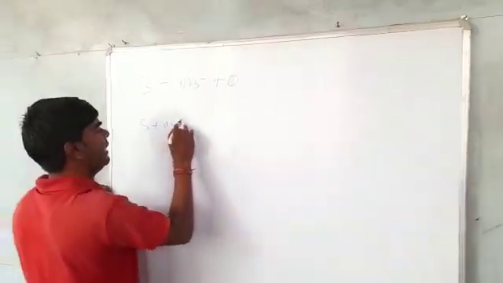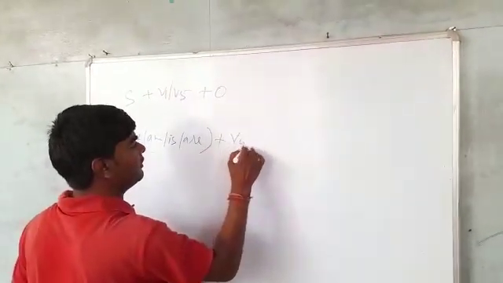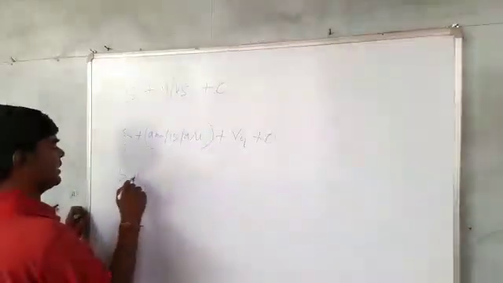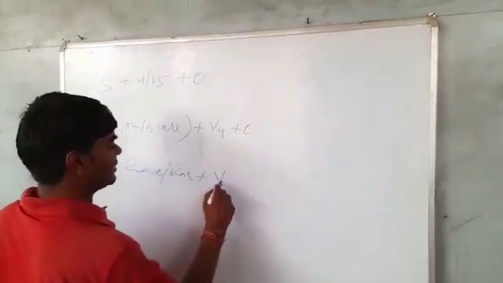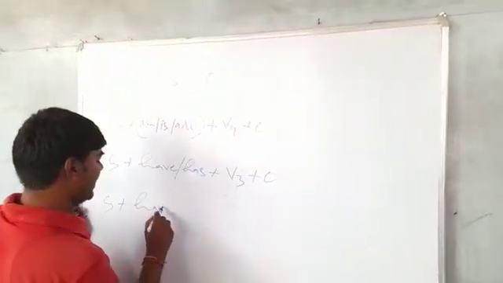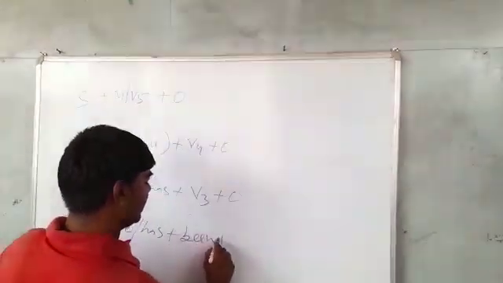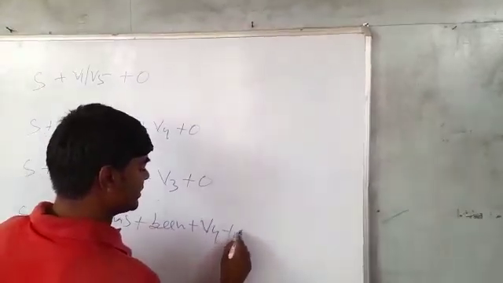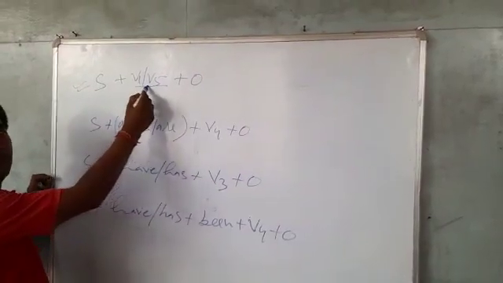Subject am, is, are plus V4 plus object. Subject have, has plus V3 plus object. Subject have, has plus been plus V4 plus object.